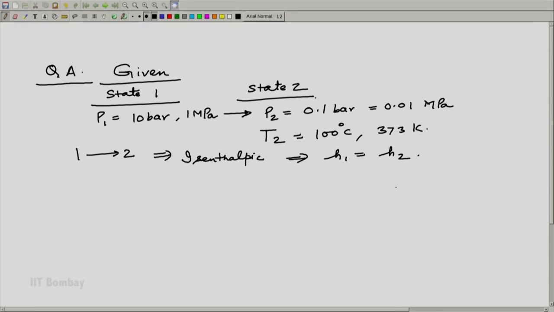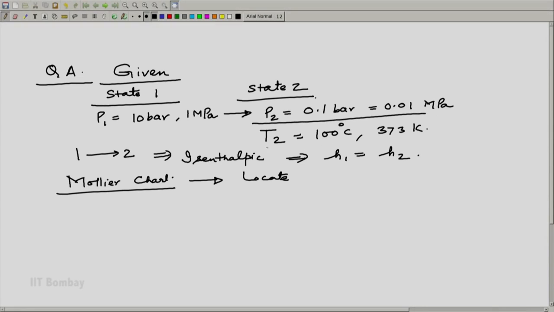So, what we can do is, using the HS diagram or Mollier chart, we can easily locate the state 2 because we know two properties, P2 and T2. So, locate point 2 on this Mollier chart, and being an isenthalpic process from 1 to 2, from 2 we can get state 1.